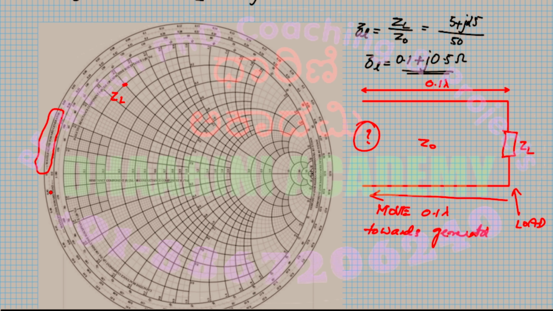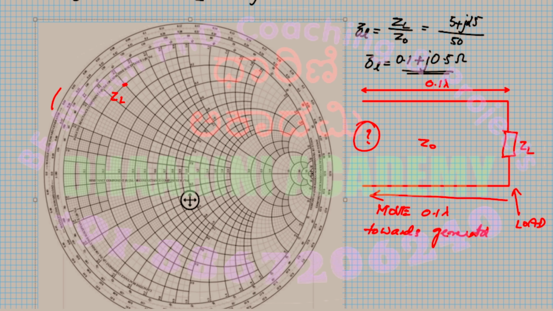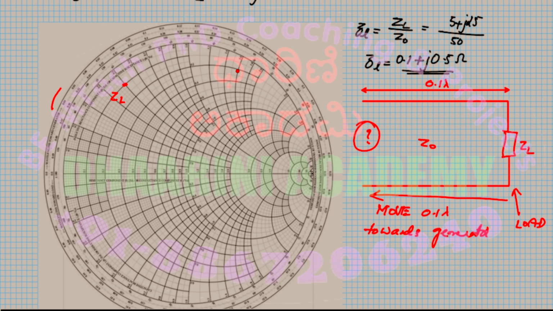You read this, and also try to read this, because they have written something and they have also given a direction. What they have written and what the direction is, both are important for us. Right now I am at the load. I don't know whether it is visible to you or not. You may have to zoom a little bit. This is the direction given. Okay, I'll try to zoom it. Let's see whether we can see that.